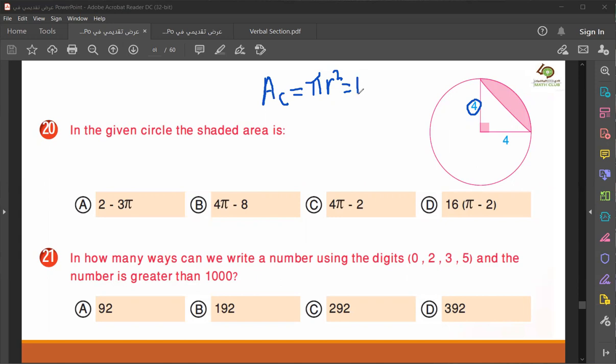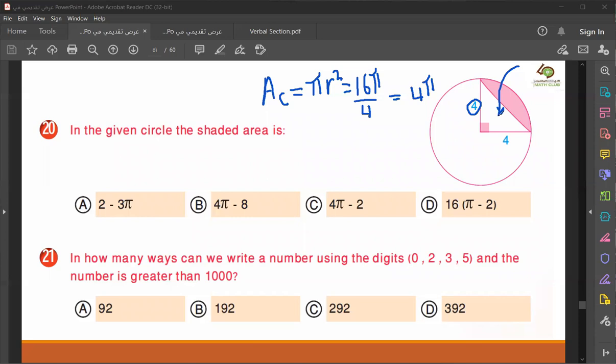When you square, it will be 16 pi. Right? I find now the area of the circle. But I don't need the whole area of the circle. I only need the quarter. Divided by 4 equals 4 pi. So the area of this quarter part is 4 pi, right?